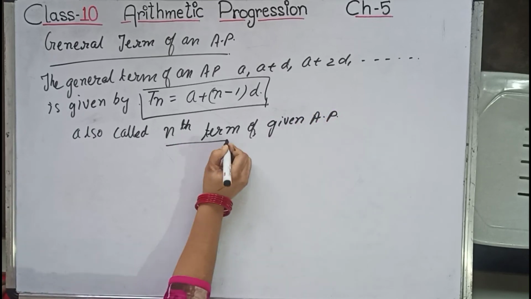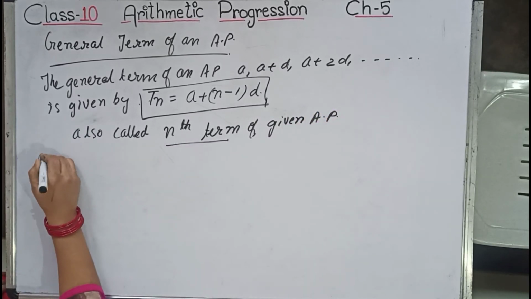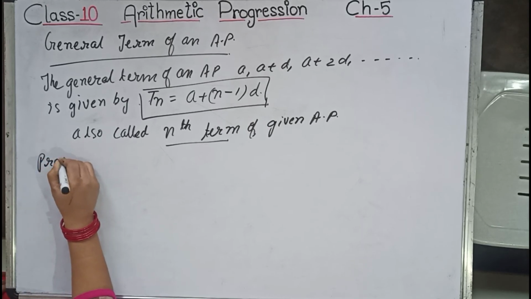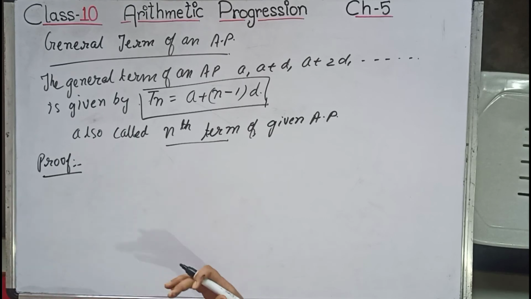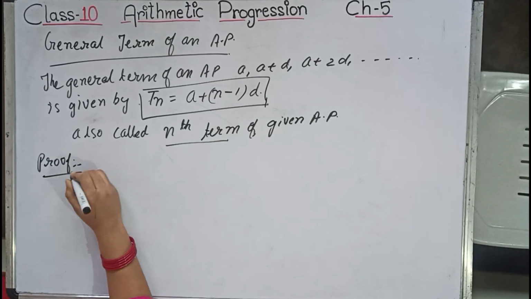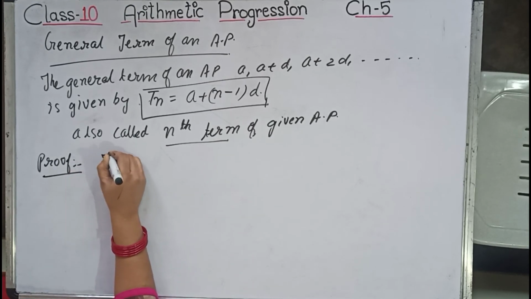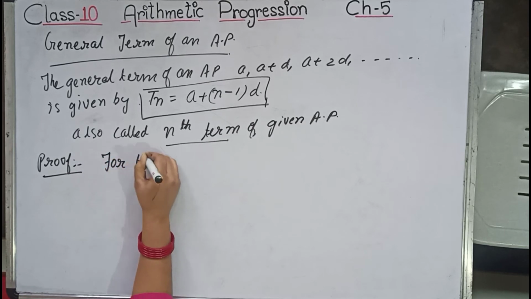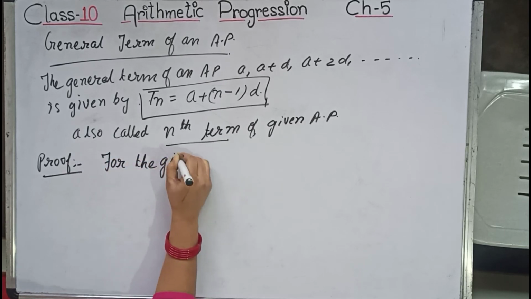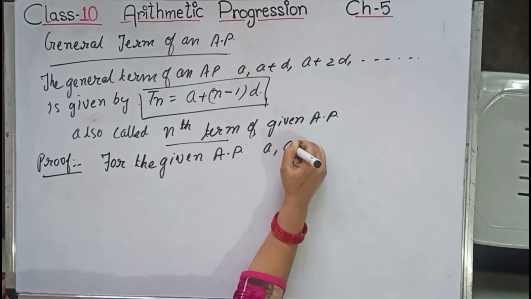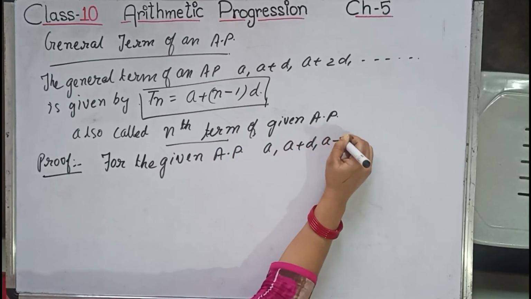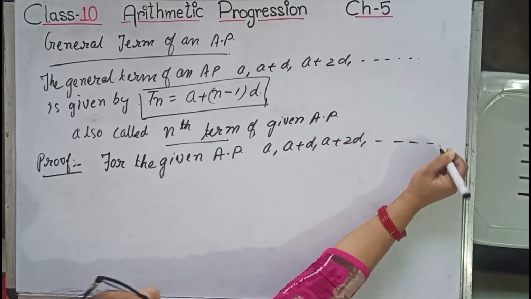In this, the proving part never comes in exams, but let us understand how this formula can be derived. Proof for the given AP: a, a plus d, a plus 2d and so on.